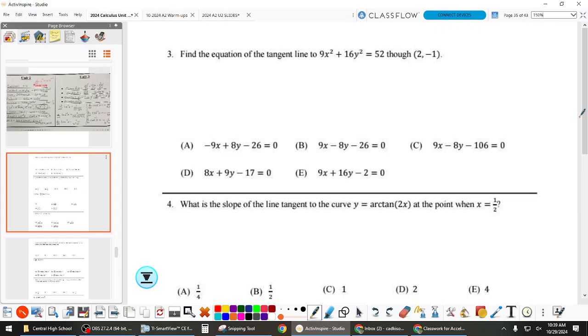Because you have x and y together, this is an implicitly defined function. So we would do 18x plus 32y dy/dx, and then what about that side? 0. And then get dy/dx by itself and plug in the point to get your specific slope.